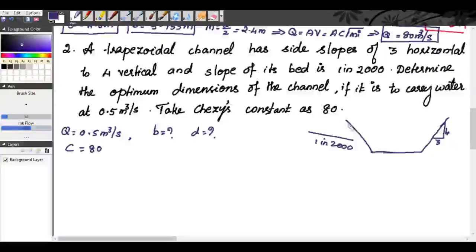So as usual, let us take the depth of the channel as D, the bottom width of the channel as B. So we will draw vertical lines from the bottom width. So this is ND, ND, and this is B.